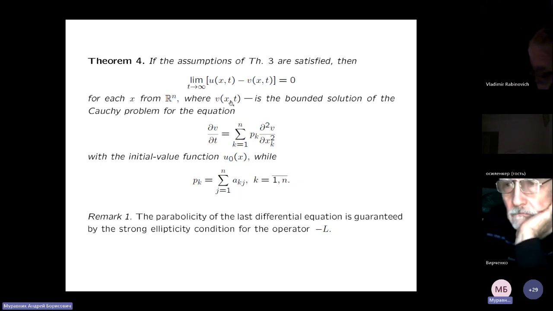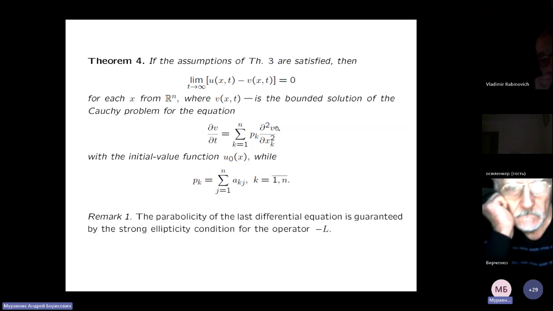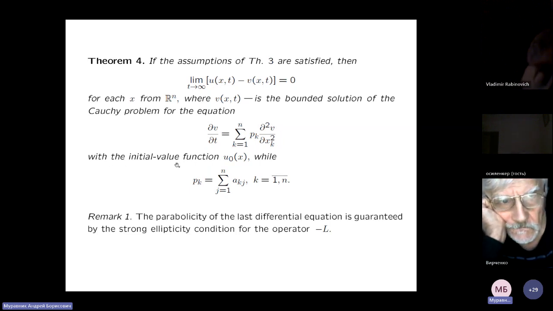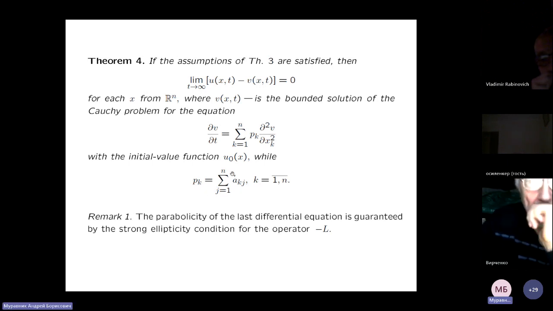v of x,t, where v of x,t is the bounded solution of the Cauchy problem for this equation with the same initial function u0 of x, where each pk is the sum of these coefficients.